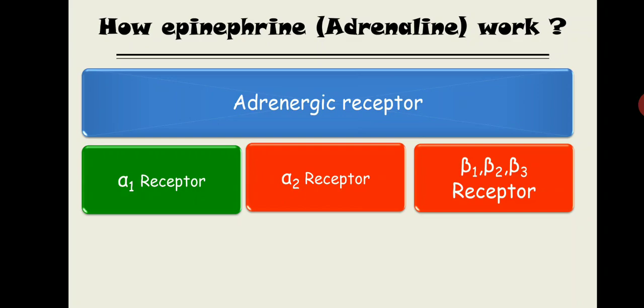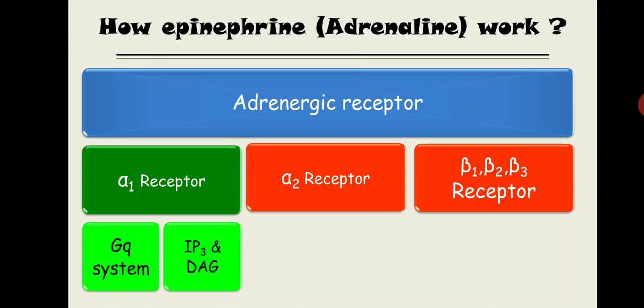Now how will adrenaline work via the alpha 1 receptor? Let's see. Via the alpha 1 receptor, adrenaline will activate the Gq system. Now you know what happens in the Gq system. It will cause production of IP3 and DAG. Via working on the alpha 2 receptor, adrenaline will activate the Gi system. You know what will happen if a ligand activates the Gi system?